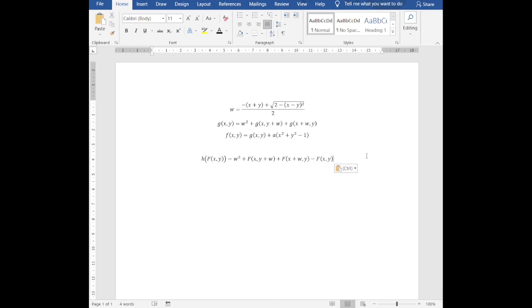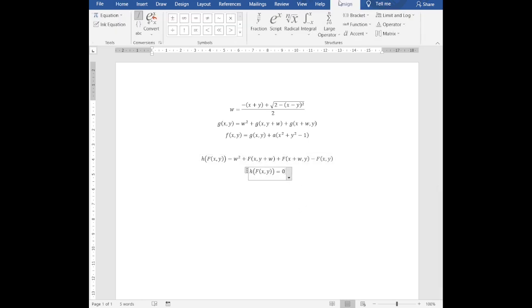Now note what it means for this to be equal to 0. What it means for that to be equal to 0 is that, I don't know the easiest way of getting an implies symbol here. No, I need to go arrows, I guess.